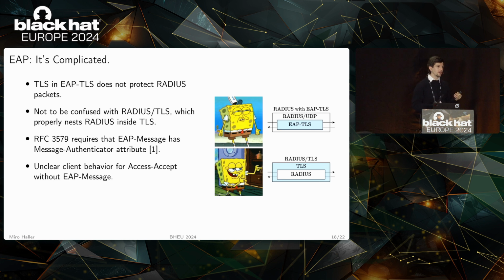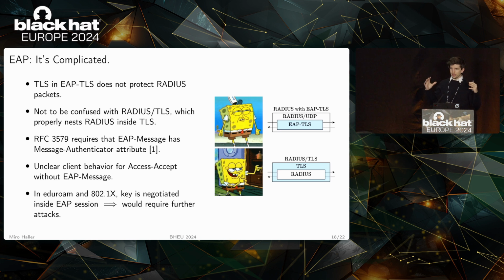Unfortunately, the standard is very unclear as to what should happen if an access accept doesn't have an EAP message attribute. And so one possible attack that could work against some clients is that an attacker strips away both the EAP message and the message authenticator. But at that point, you run into another issue, which is that the higher level protocol, such as Eduroam or 802.1x, might negotiate a key inside the EAP session that is nested inside the Radius traffic.